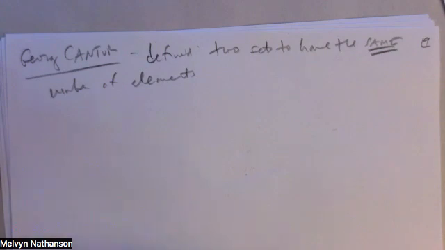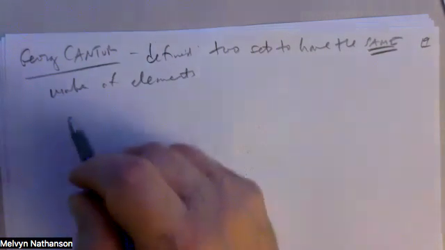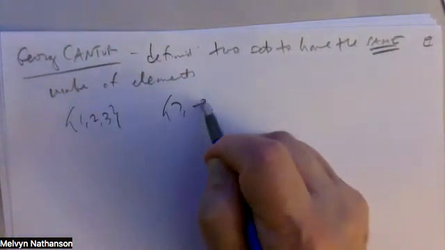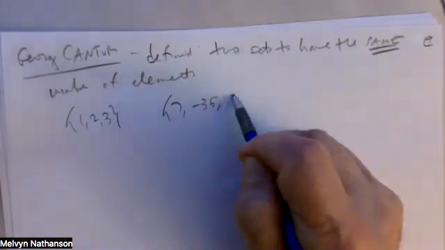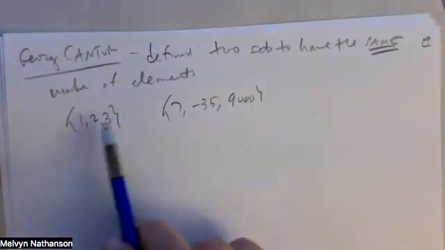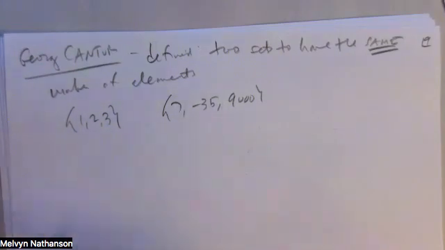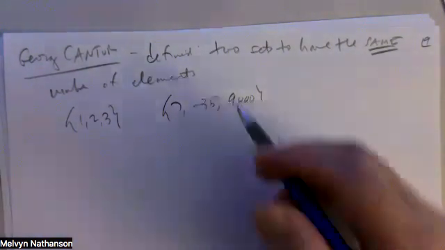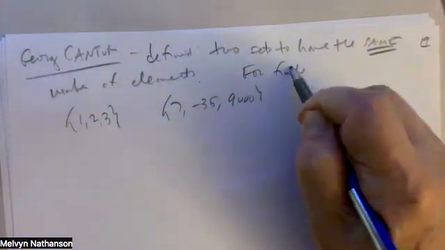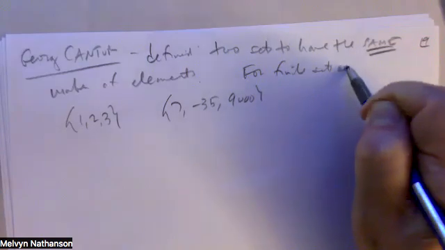Of course, if you have finite sets, 1, 2, and 3, and 7, minus 35, 9,000, you could say that these two sets each have 3 elements, so of course they have the same number of elements. So for finite sets, it's sort of an easy question.